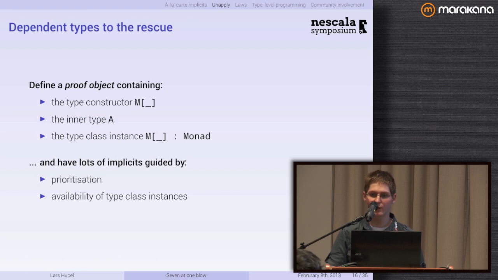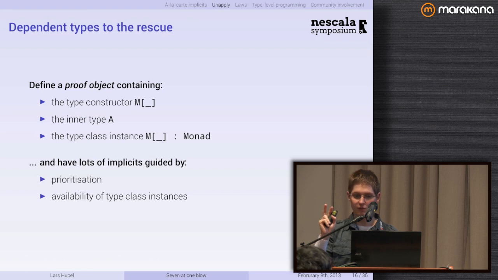We simply say, if there are two possibilities, just choose the one we deem more likely. And also availability of type class instances. If you have two possibilities, and you say, well, you could destructure it in two ways, but in only one way I have this monad instance available, then I'll choose just that one which has the monad instance available, because the other destructuring wouldn't make any sense at all.